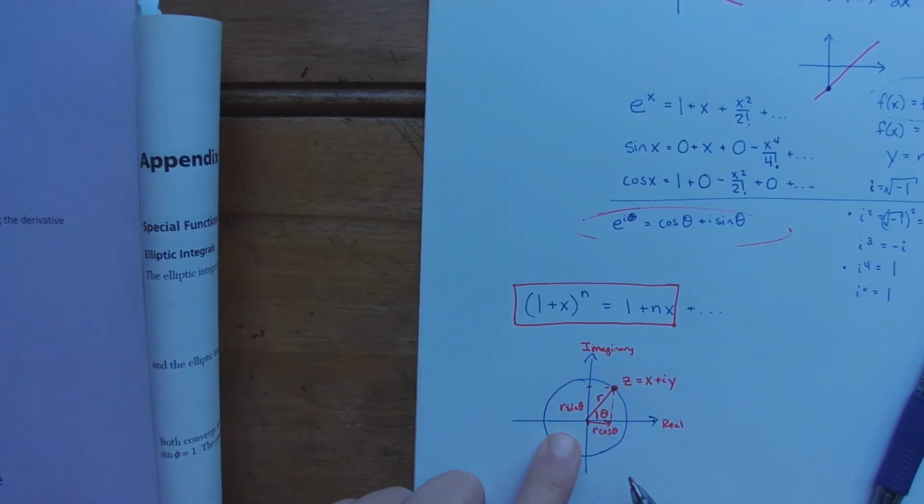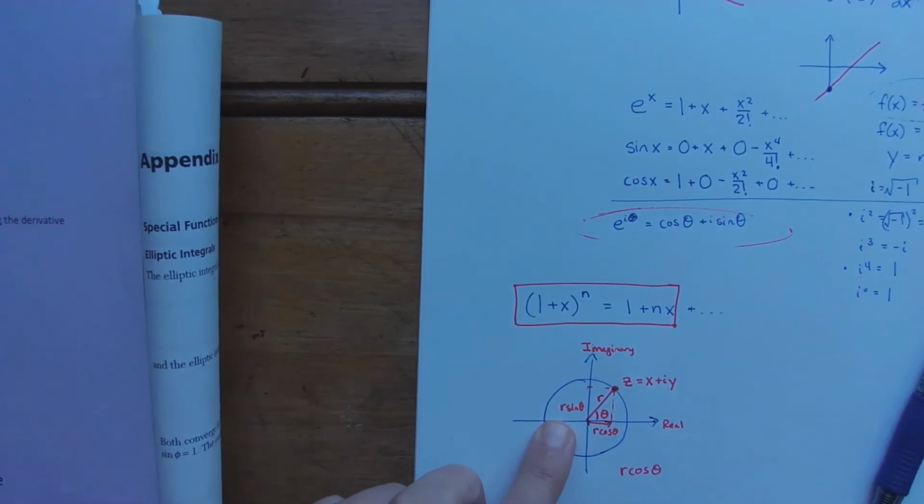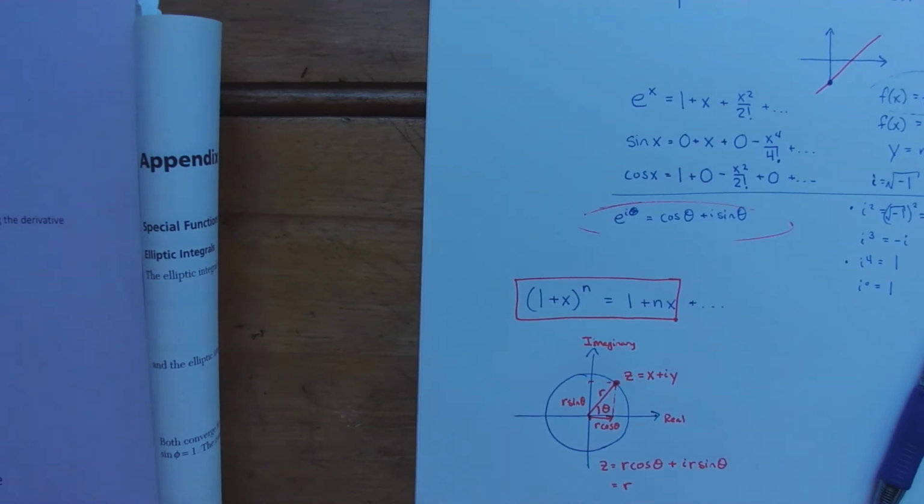And for this case, x would be equal to r cosine theta, and y is equal to r sine theta, so this is r cosine theta plus i times r sine theta. And this is equal to z. I can also pull the r outside, so I have r times cosine theta plus i times sine theta.